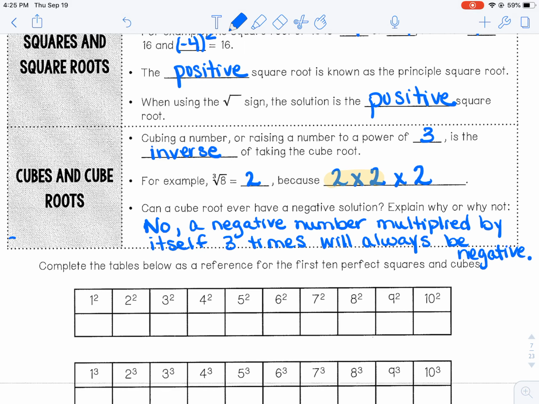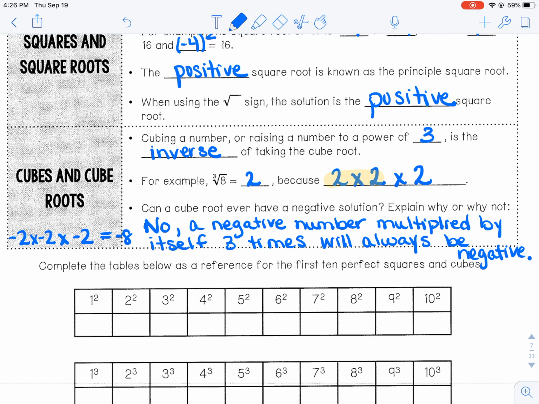So if I had negative 2 times negative 2 times negative 2, that is going to give me a negative 8. There's no way I can get that positive 8, because negative 2 times negative 2 is a positive 4, times negative 2 would give me a negative 8. Pause it right there so you can finish writing that out.